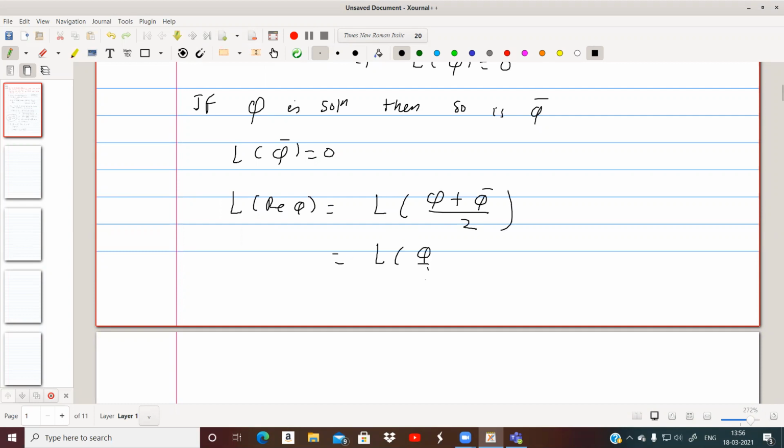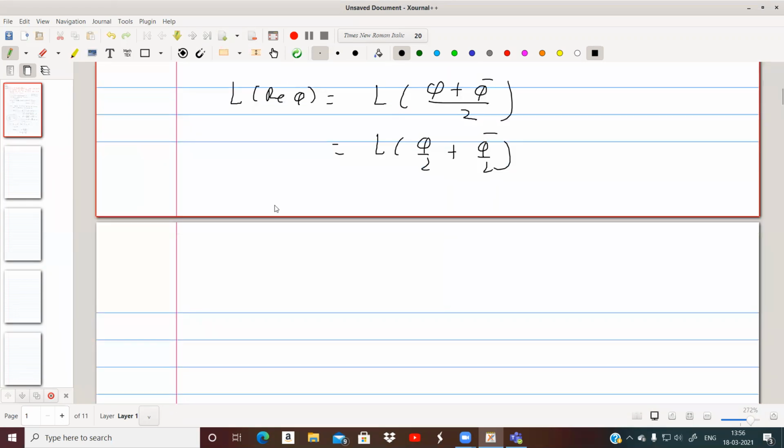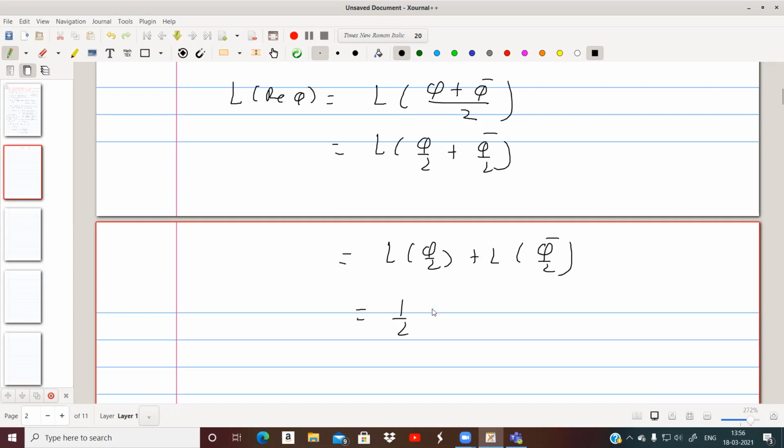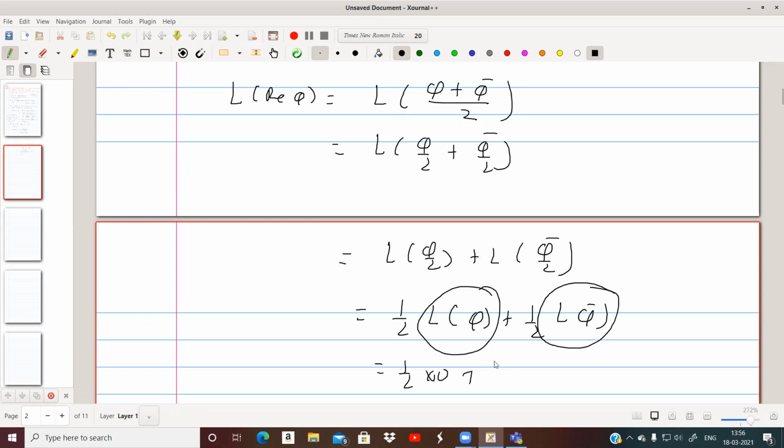So L of (phi over 2 plus phi-bar over 2) is the real part. As L is linear, this is L(phi)/2 plus L(phi-bar)/2. So half can be taken out: L(phi), then half of L(phi-bar). And what is L(phi)? It is 0. And L(phi-bar) we have already shown.